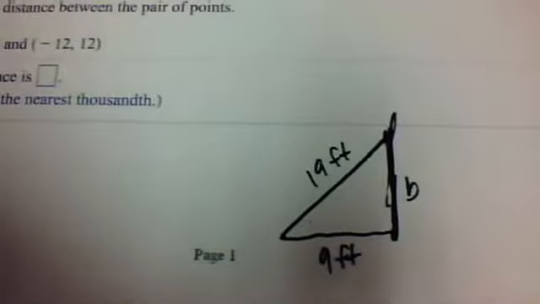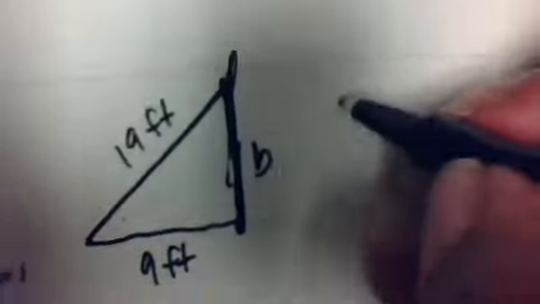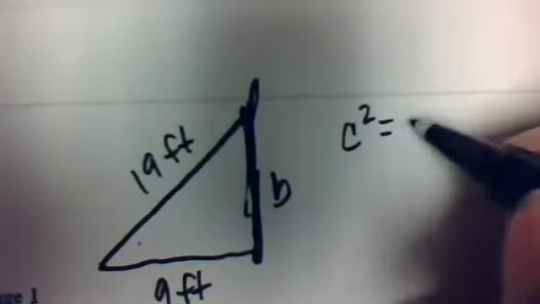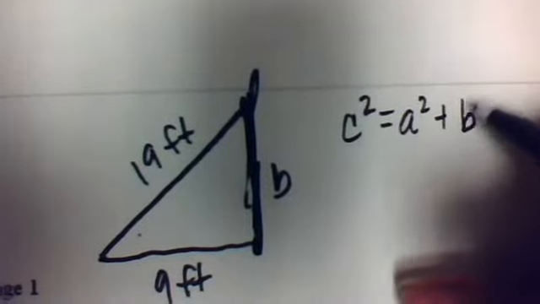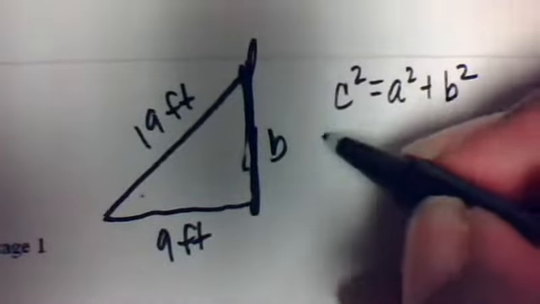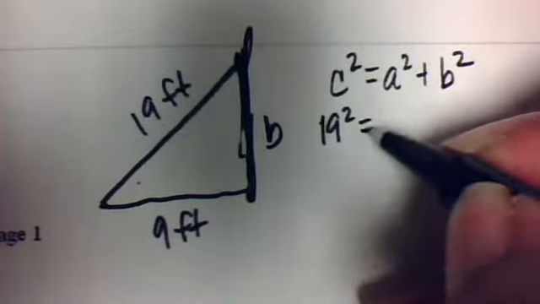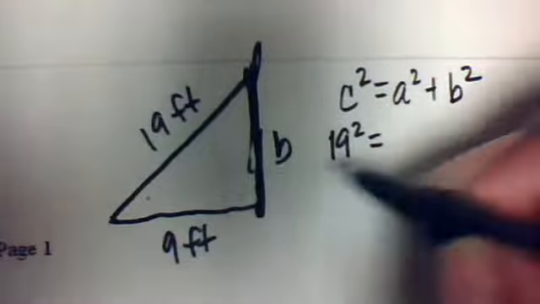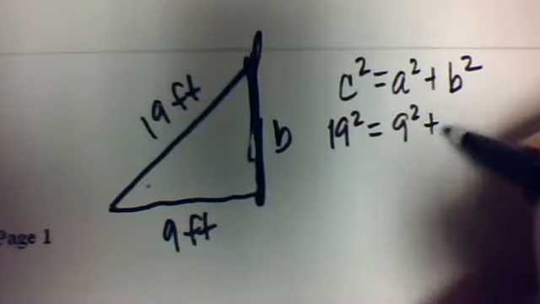Okay. So in this case, to find out what B is, we need to use the Pythagorean Theorem, which is c squared is equal to a squared plus b squared. The c is our hypotenuse, which is 19, so it'll be 19 squared, and that's equal to a, I'm letting that be 9, so it'll be 9 squared plus b squared.